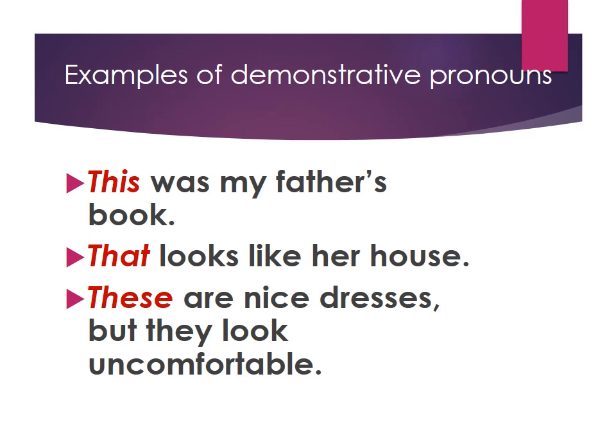So, let's understand demonstrative pronouns through the sentences given here. Students, look at the first sentence. This was my father's book. When you say this here, the word is used to point at some book, and the speaker says this was my father's book.